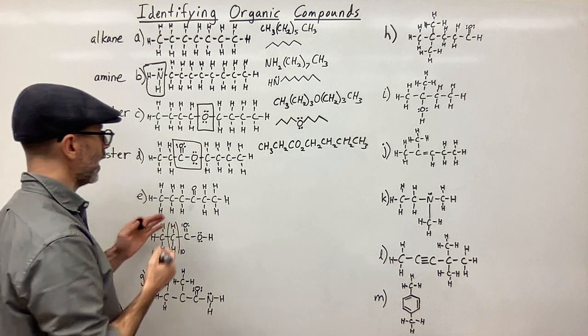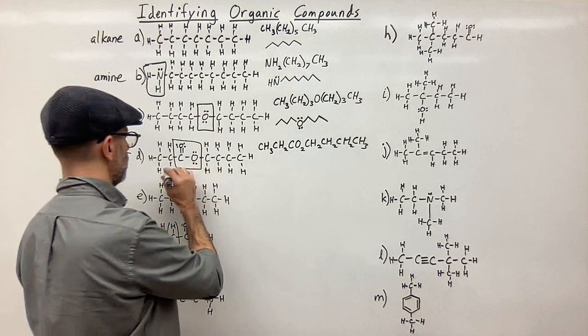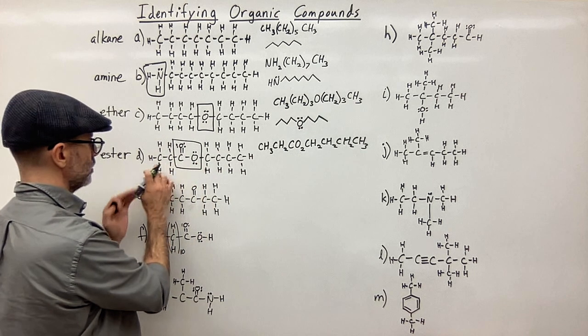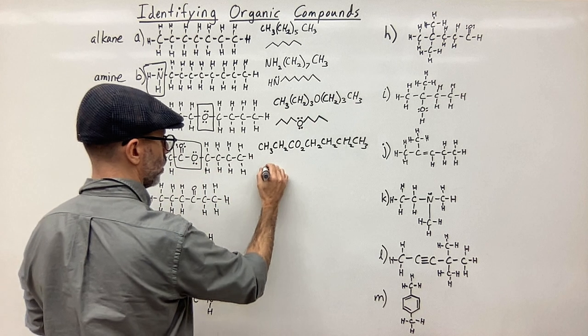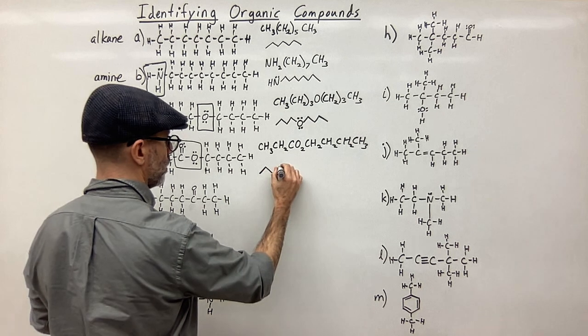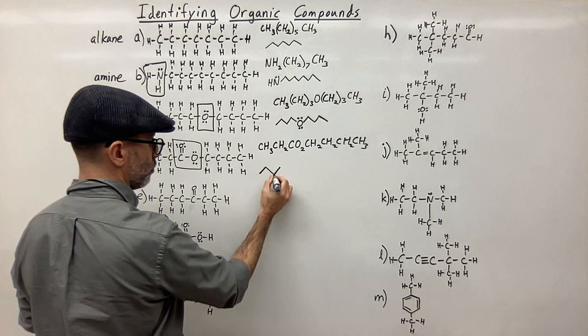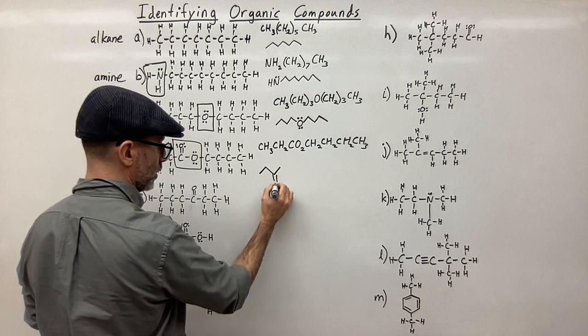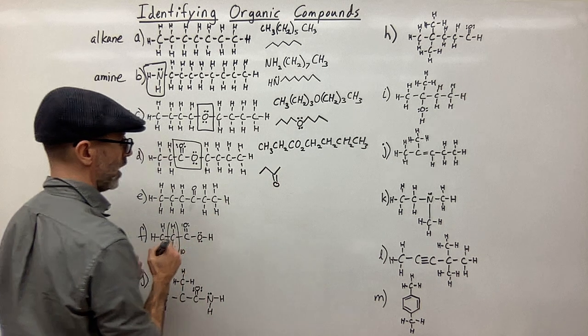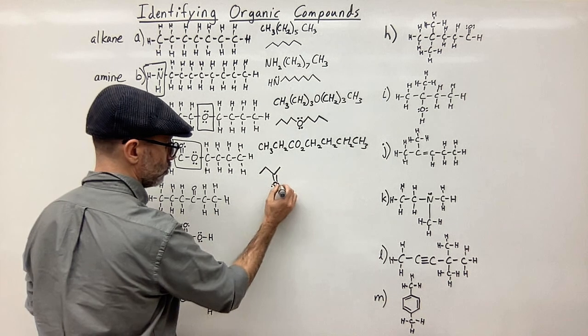And then for the line formula, it would be these two carbons, right? So we have 3 carbons. So we're going to have 1, 2, 3. This third carbon is double bonded to an oxygen. So we could do that. And there's 2 lone pairs.